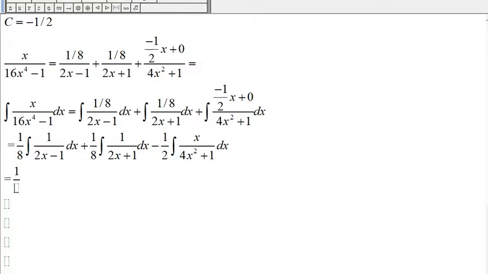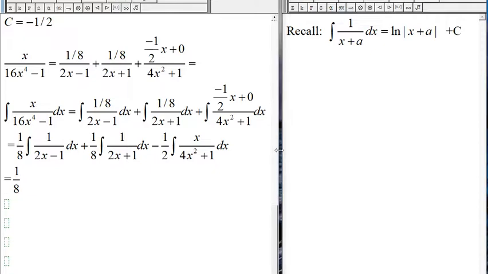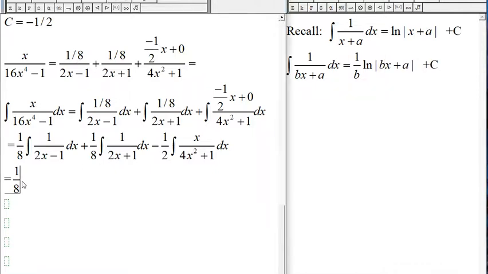So this will be 1/8, and then we have this formula right here. If we have a b right here, then it'd be just an extension of this, 1 over b plus bx. So this will be 1 over 2 ln of 2x minus 1.